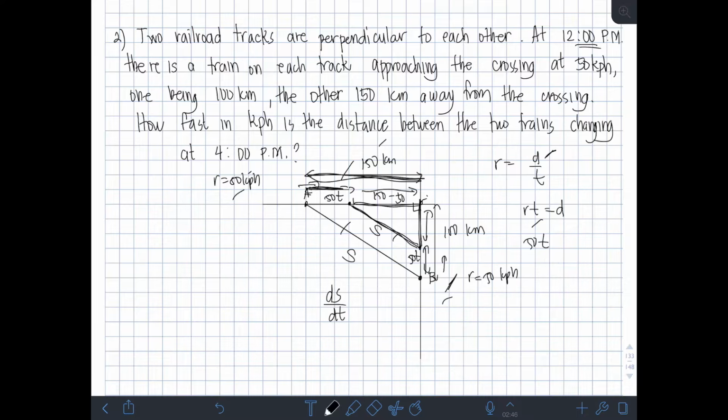So, 150 minus 50T. Same lang din dito. So, in total distance na to is 100, right? Kaso naka-travel na siya ng 50T, so ilan na lang tong leg na to ng right triangle? 100 minus 50T. Okay, so parang ito na yung figure natin.